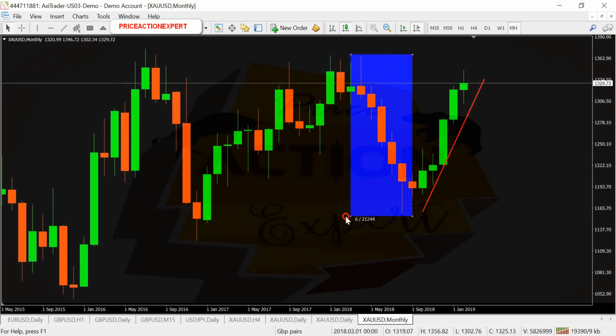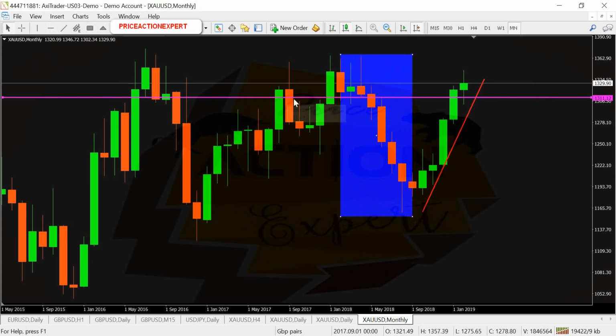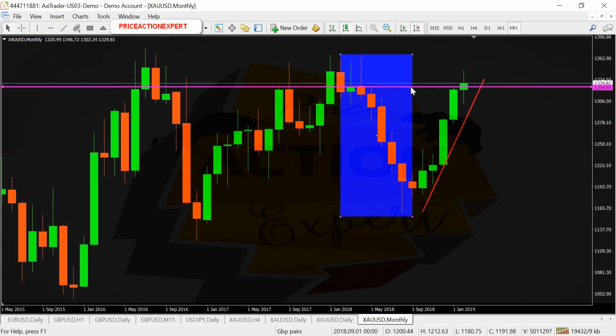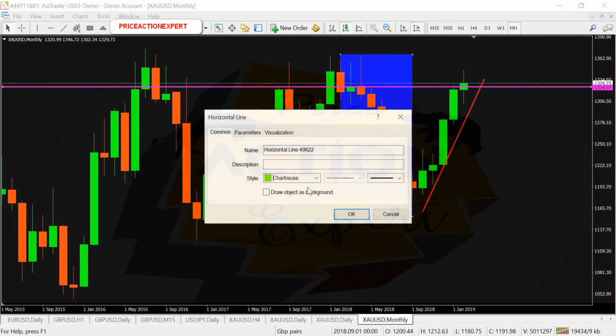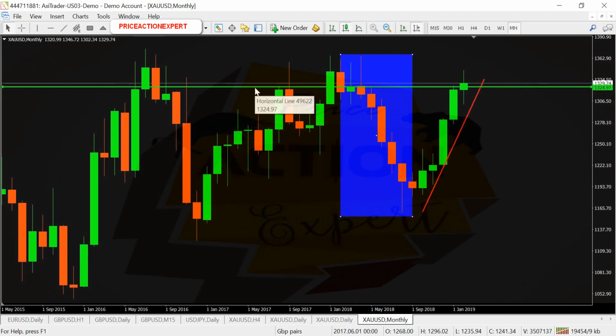Just mark that using this rectangle. After that, take the line and use lime color, so it will always be clear and easier for you to understand.